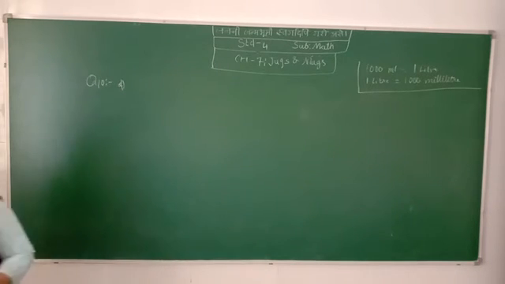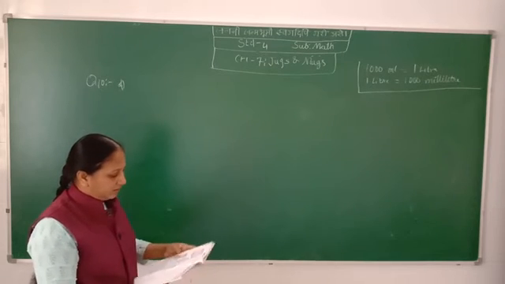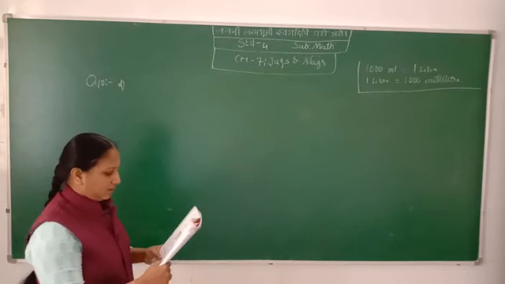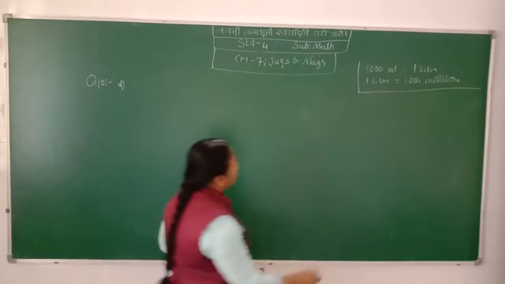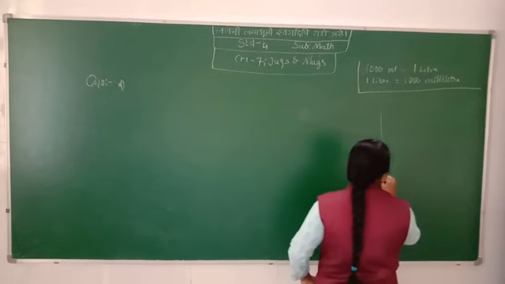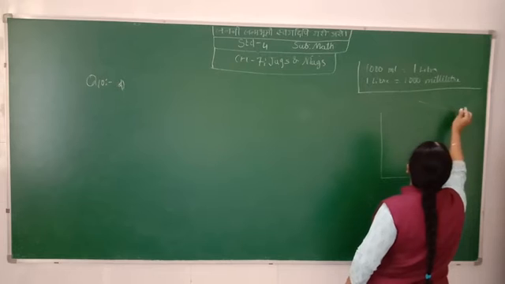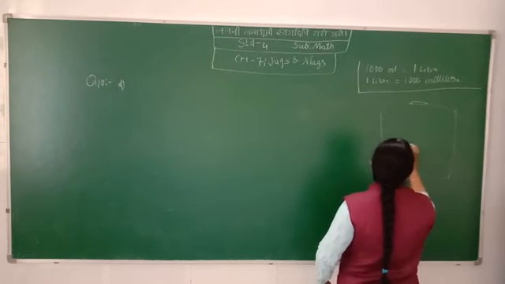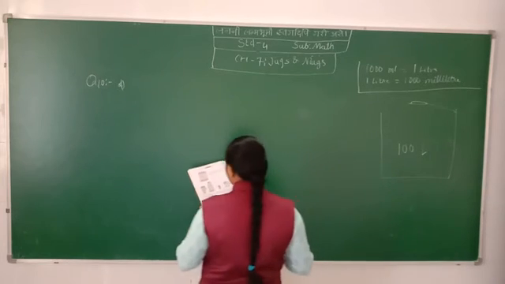Now the last question is that they are having 4 vessels. And they are having one container also. It is a huge tank which is having 100 liter capacity. Again, we will draw this tank, which is having 100 liters. They are having different pots.